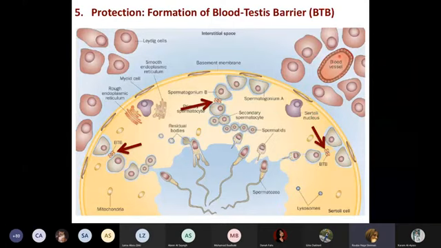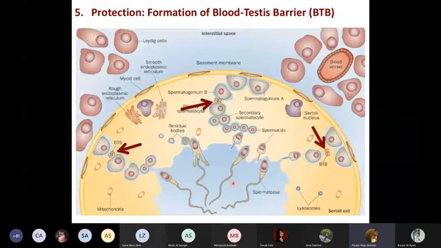Blood, because we are talking about the blood in the interstitial space, which is in contact with the basal compartment, and the testes, the lumen compartment where the sperm cells are present.